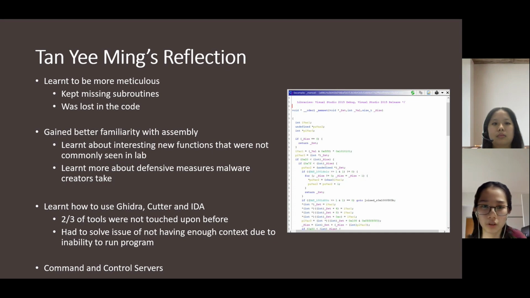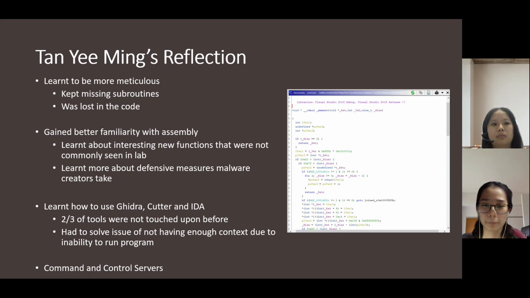Lastly, I learned more about command and control servers. Because LuckyCat is a spyware, after it obtains the data, it actually sends the data back through the POP3 protocol to this command and control server, which I did not know was a thing until this project.